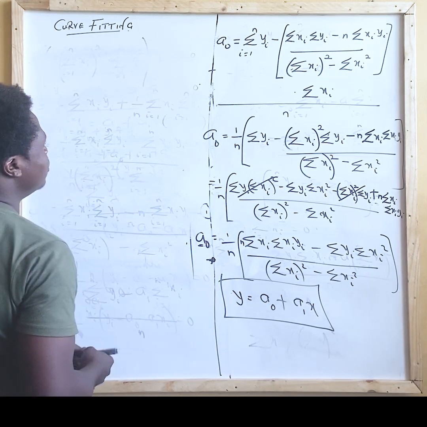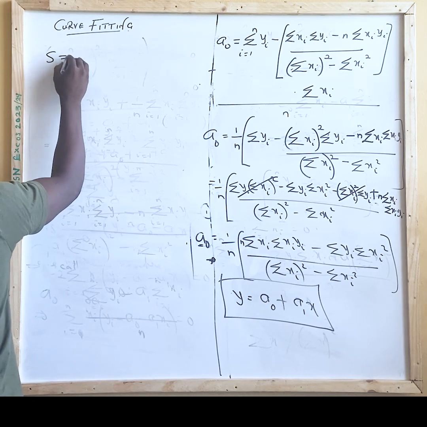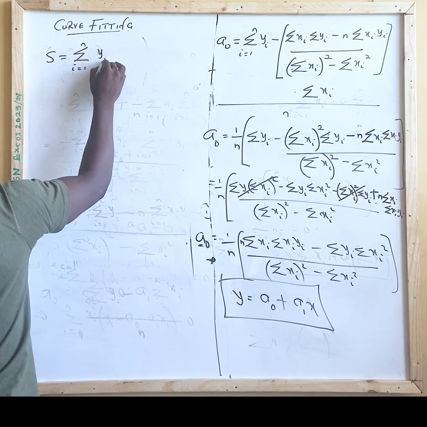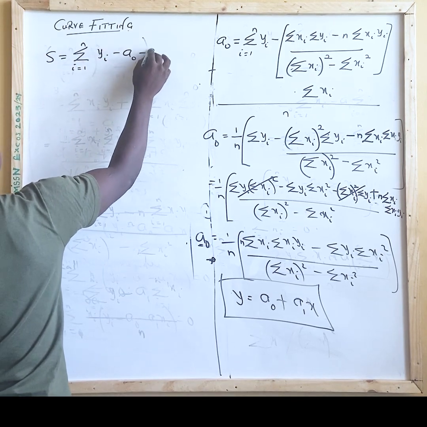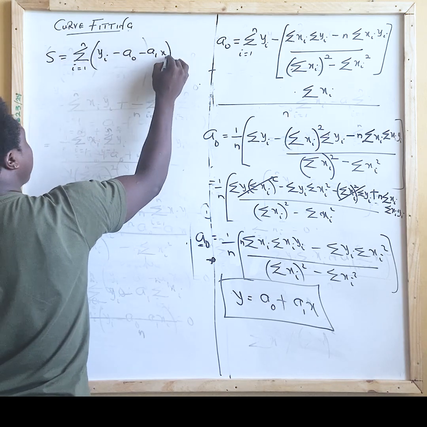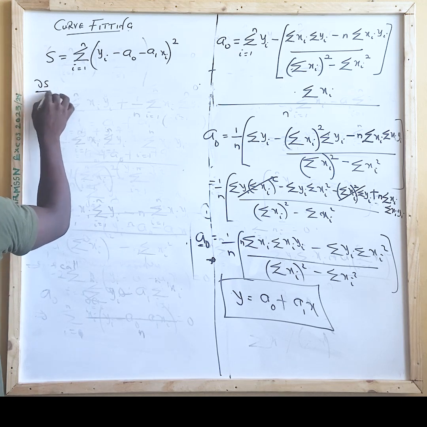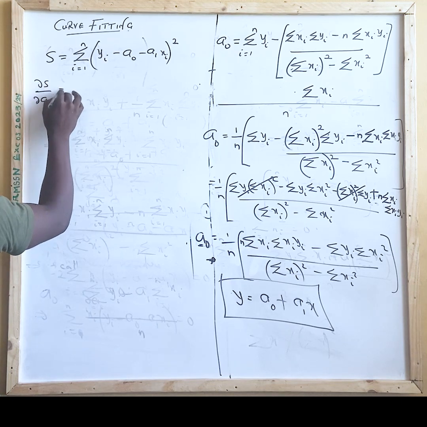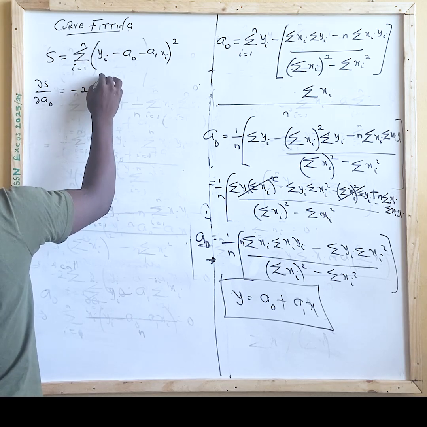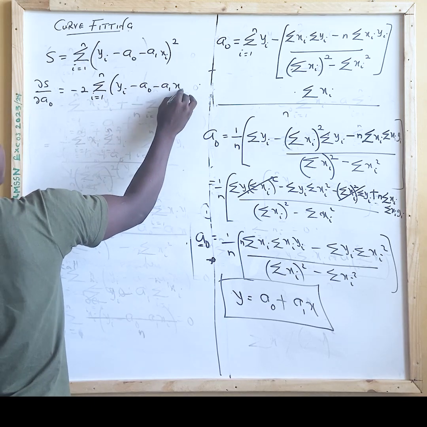Now remember we said that we want to minimize our residue. Now our S is giving us summation i from 1 to n of yi minus a naught minus a1xi all square. And then we said that our dS/da naught is minus 2 summation i from 1 to n of yi minus a naught minus a1xi.